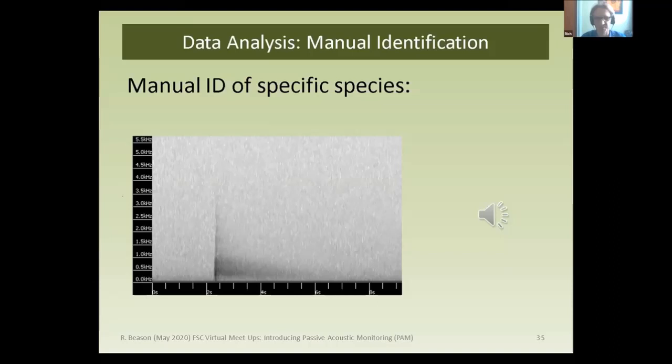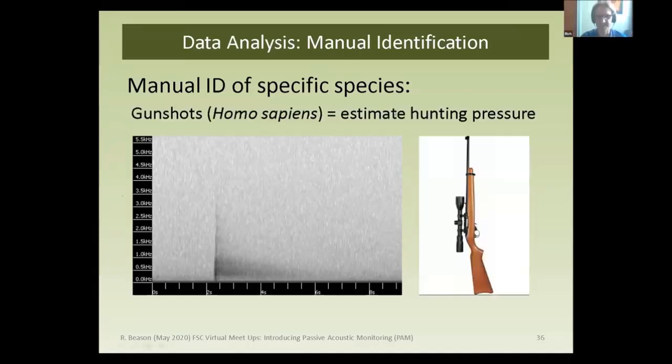I think pretty much everyone should have got what that was. Yeah, we've got gunshot, cannon, thunder, but yeah, gun. Exactly, it was a gunshot. So Homo sapiens basically was that one. But the interesting thing with gunshots, and similarly with chainsaws and lorries and things like that, is we can use them to assess anthropogenic impacts.